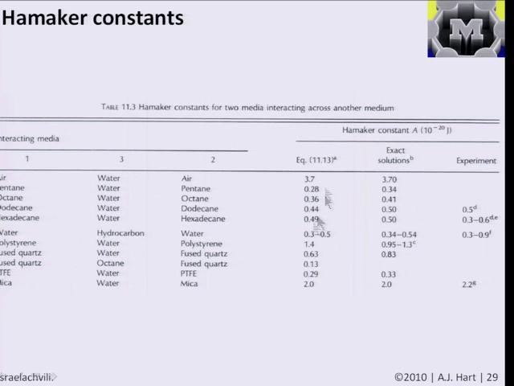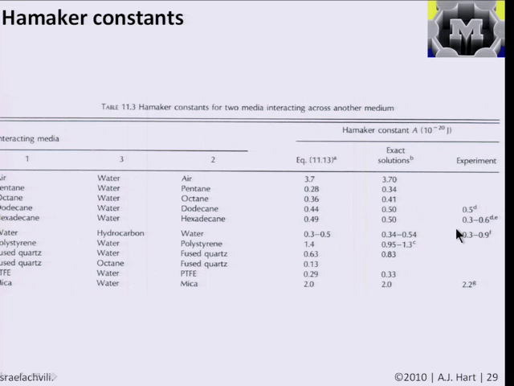And the reading that talks more, beyond our scope, about how the Hamaker constant is derived compares data, for example, from an equation that relates to the properties of the material, the dielectric constant, and the index of refraction, and then more exact solutions of the Lifshitz theory, as well as measurements of the properties from experiment.